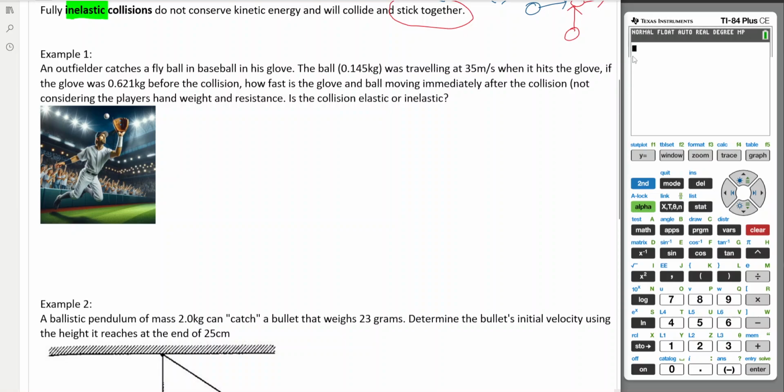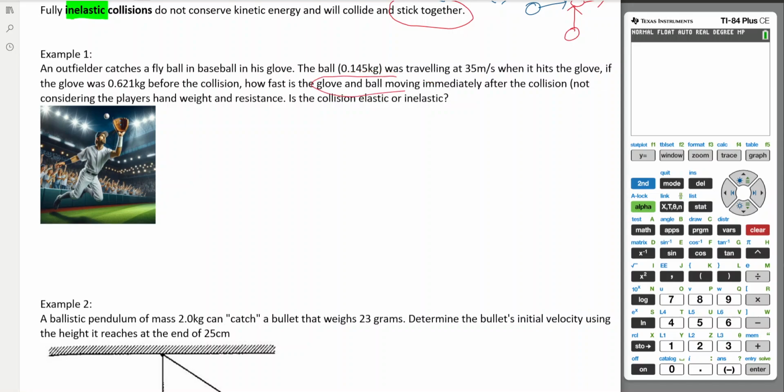Example 1 is an outfielder catching a fly ball in his baseball glove. The ball was traveling at 35 meters per second when it hits the glove. If the glove was that heavy before the collision, how fast is the glove and ball moving immediately after the collision? So the big idea here is, this is the glove and ball moving at the end.